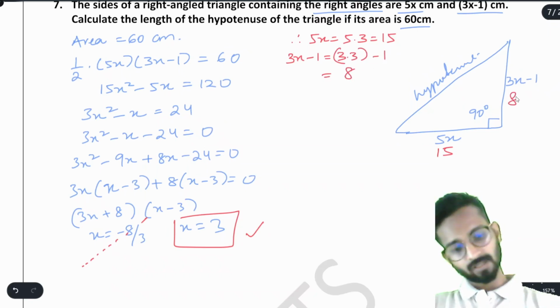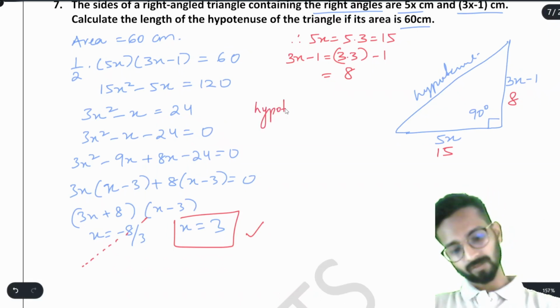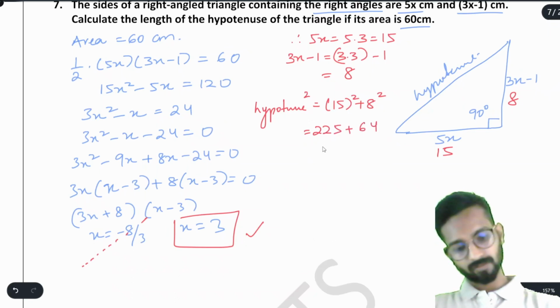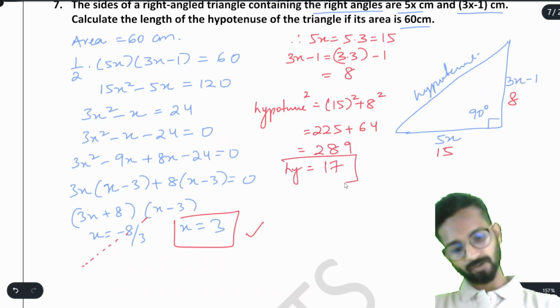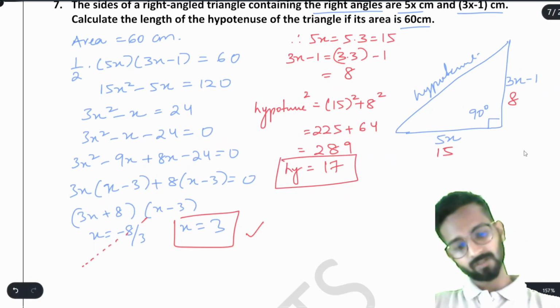Now we can find the hypotenuse. How? Hypotenuse square is equal to 15 square plus 8 square, that is 225 plus 64, so 289, that is 17. This is your hypotenuse. Understood? Simple enough. Now moving further to question number 8.